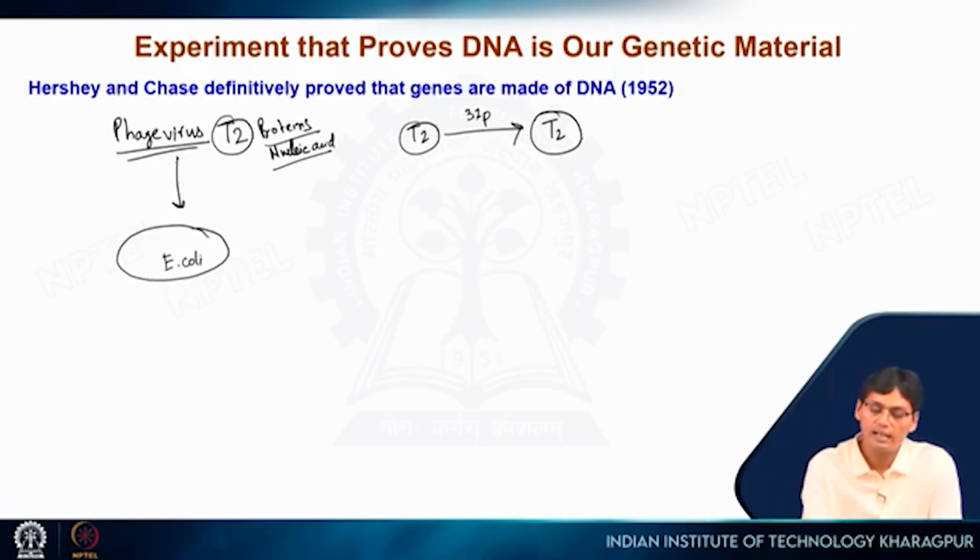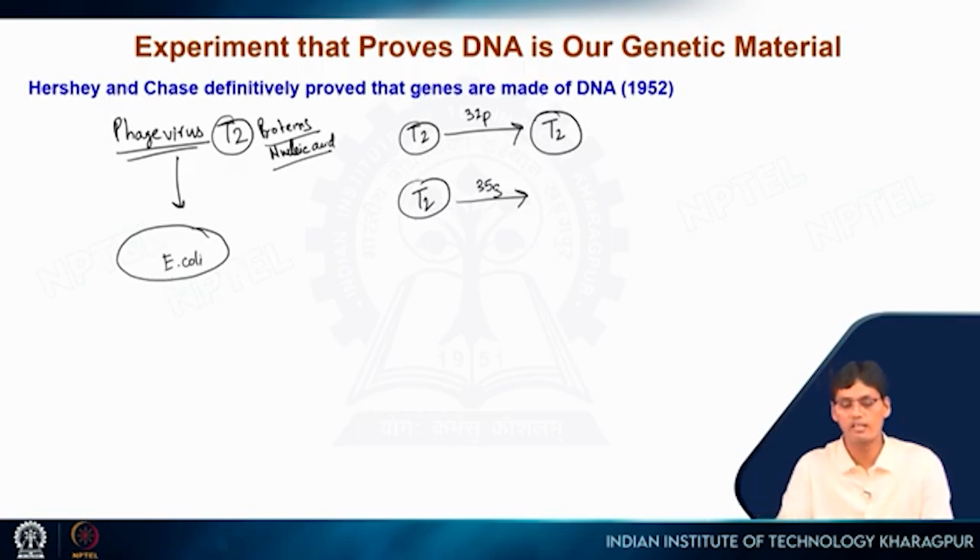In another experiment, they labeled this bacteriophage with radioactive sulfur, 35S. So again they got T2, but with radioactive sulfur label. This one is sulfur and that one is radioactive phosphorus. Now, as I already told you, phosphorus is present in DNA, or nucleic acid.